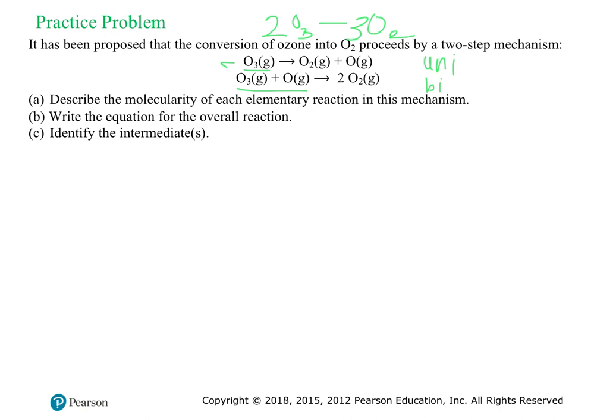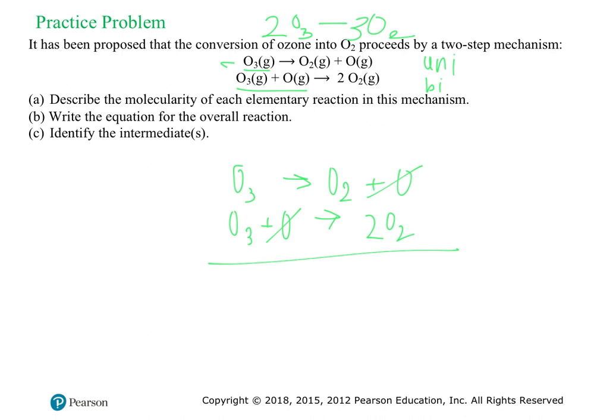So for the overall reaction, we're going to add up what's happening. It's kind of similar to what we did in Hess's law. We have ozone going to O2 plus O, and then ozone plus oxygen going to 2 O2. So we have oxygens on both sides, and those are going to cross out because they cancel.